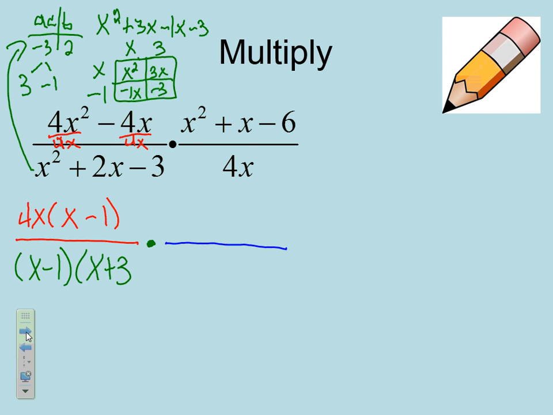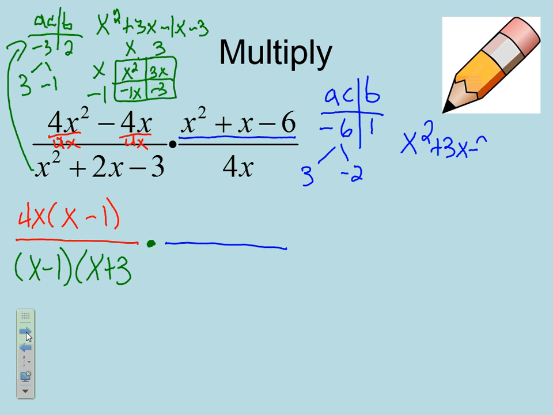Times, come over here, same thing with this one right here, 3 terms, so we're going to use AC method. So do A times C has to add up to B. Negative 6 has to add up to 1. So here I'm going to use 3 and negative 2. So I'll get x squared plus 3x minus 2x minus 6. Plug it into the box.